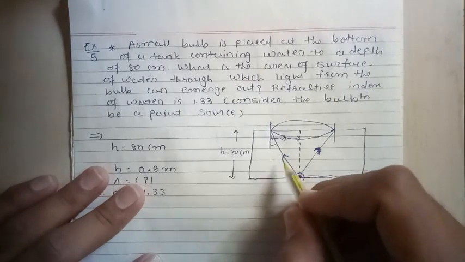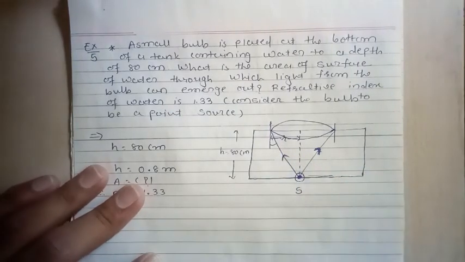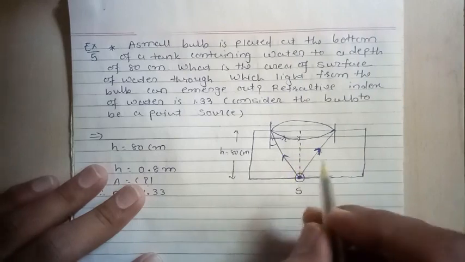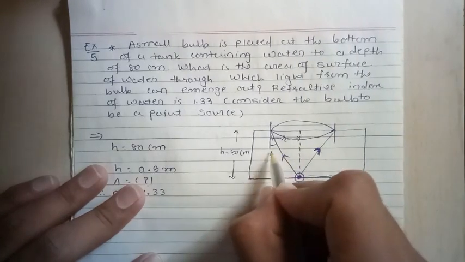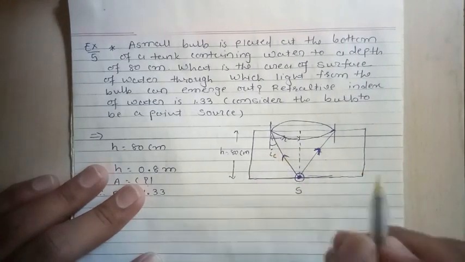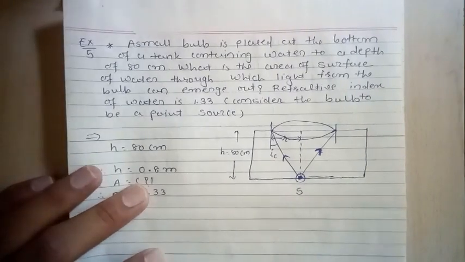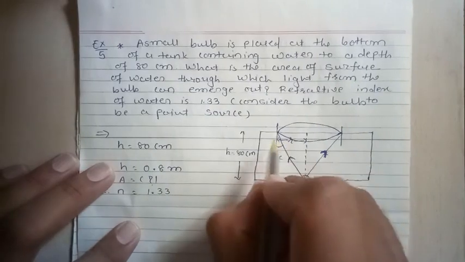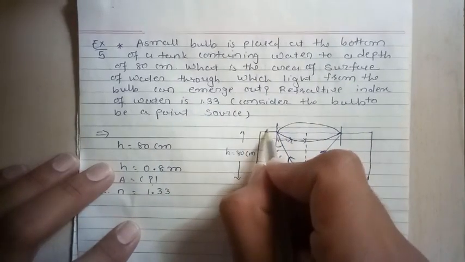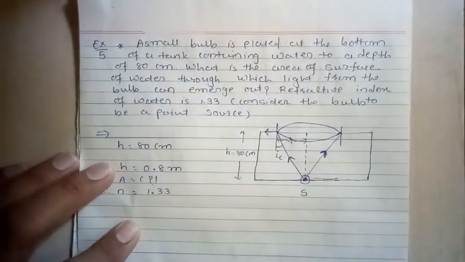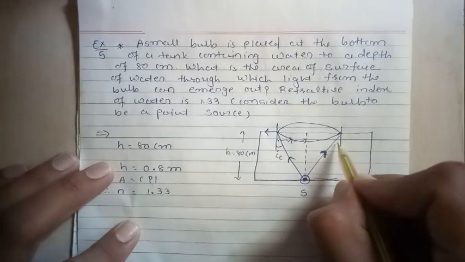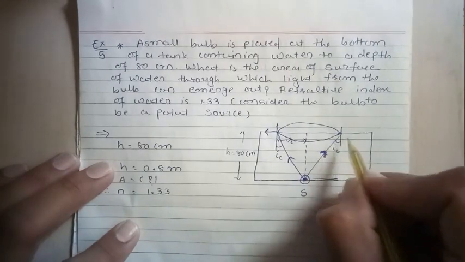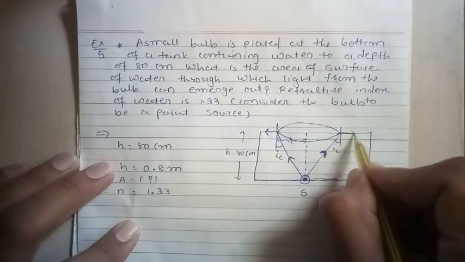But here the ray is incident at the surface at the critical angle, right? So the ray is refracted like this, right? Here this is also the critical angle, so the refracted ray goes like this.